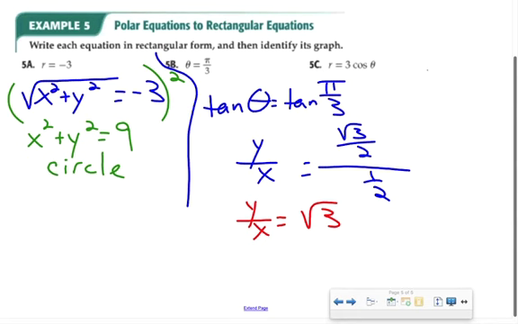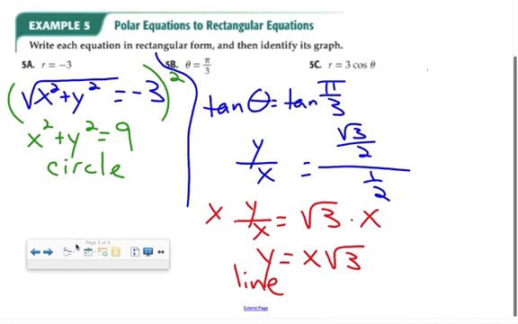In order to make this equation look more like an equation that we've seen before, I'm going to multiply both sides by x. And so y equals x radical 3. So this is a line. And its slope would be radical 3.